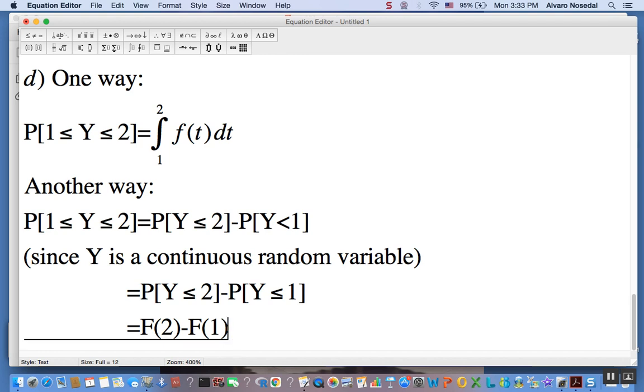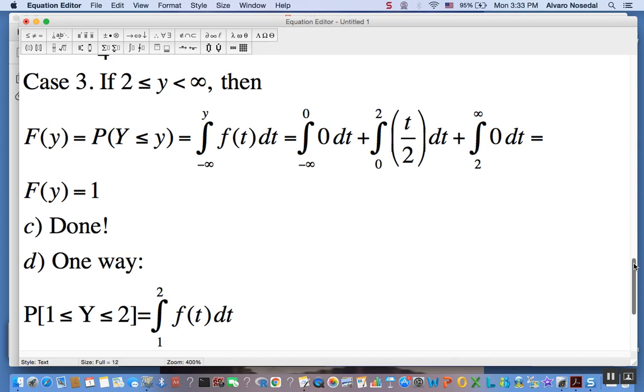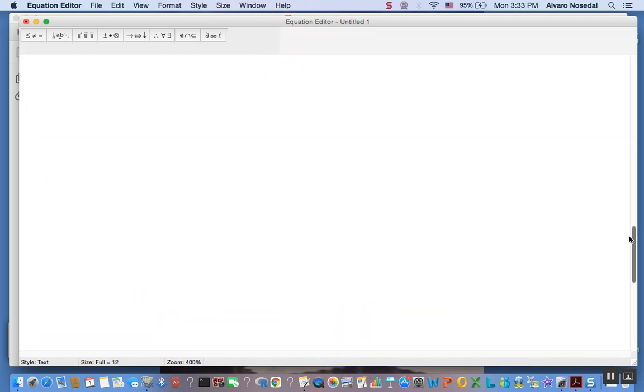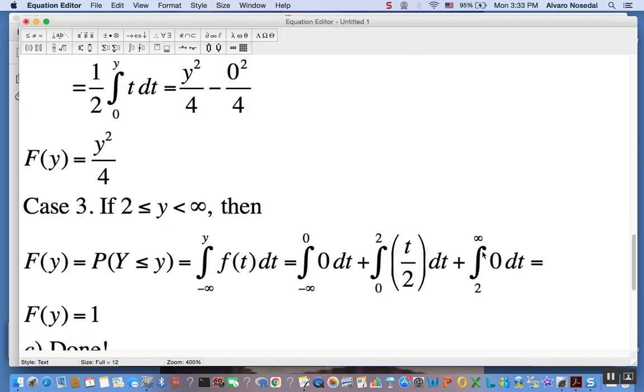Since you found the expression of the CDF for any number between negative infinity and infinity, all we have to do is evaluate that function at 2 and at 1. So if y is 2, then F at 2 is going to be 1, right?